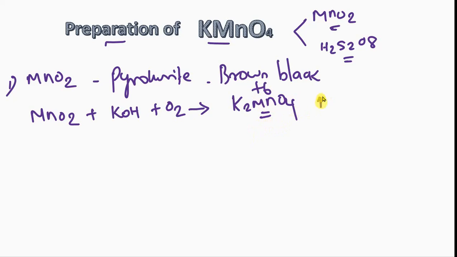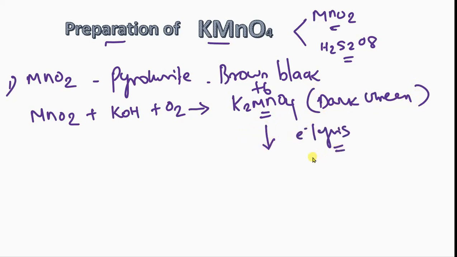This is dark green in color, which when subjected to electrolysis gives MnO4 minus, where manganese is in the plus 7 oxidation state, plus MnO2.